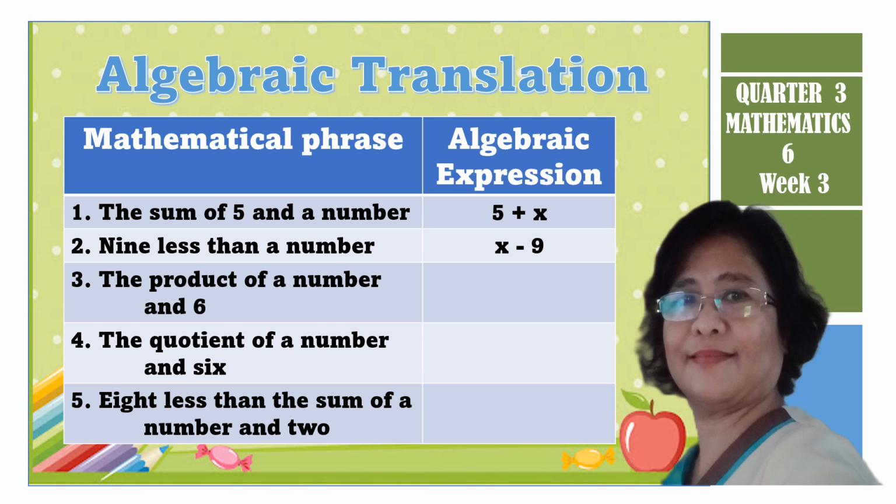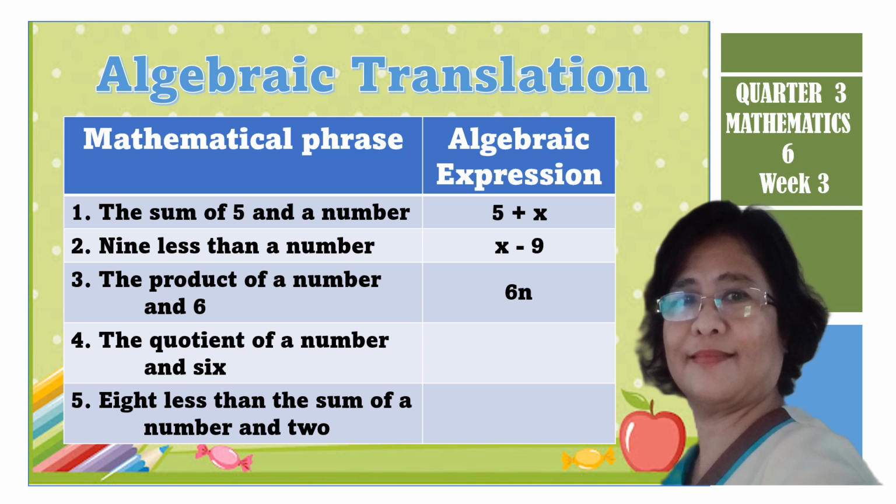Let's proceed to number 3. The product of a number and 6. To translate the product of a number and 6, we have 6n.